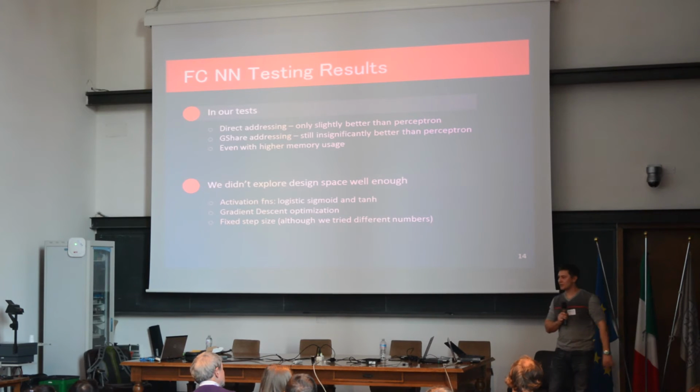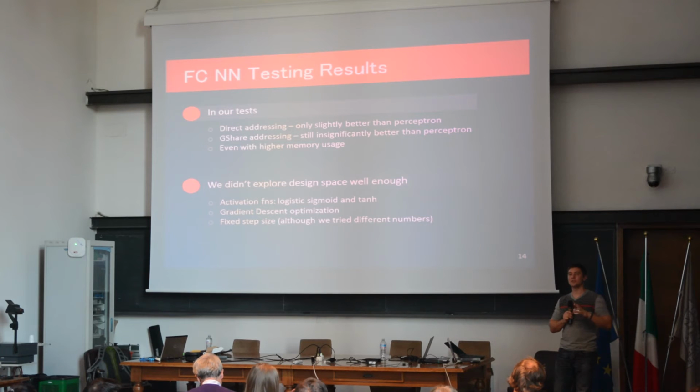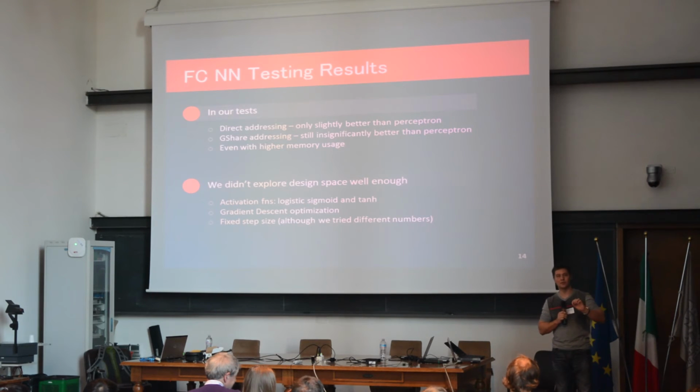So G-share addressing is basically you have a table of data for predictor units. Typically in bimodal you just use the branch address modulo the size of the table, meaning the remainder of the division by the size of the table, to select a certain unit.